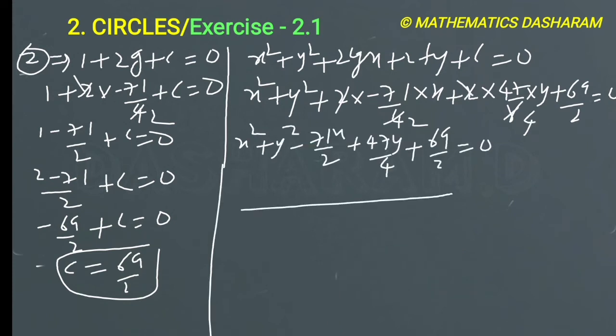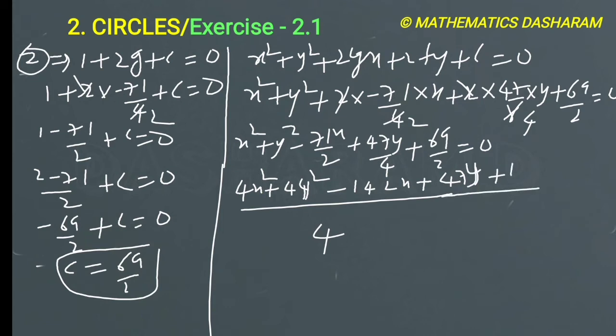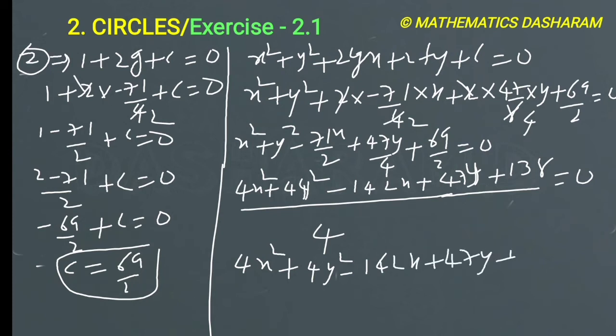Now take the LCM. 4 is the LCM, so 4x square plus 4y square. Next, 4 in the 2 table, 2 twos are 4, 2 into 71 is 142x, plus 47y, and 69 into 2 is 138, equals 0. So therefore the required answer is 4x square plus 4y square minus 142x plus 47y plus 138 equals 0.